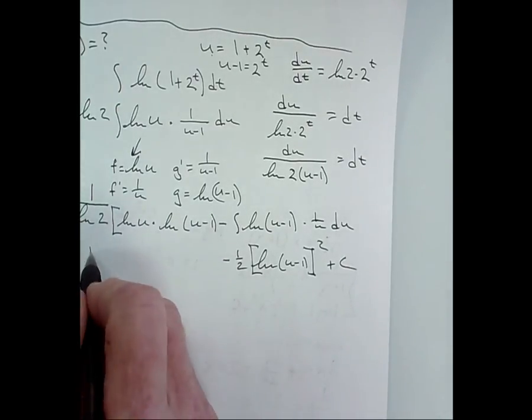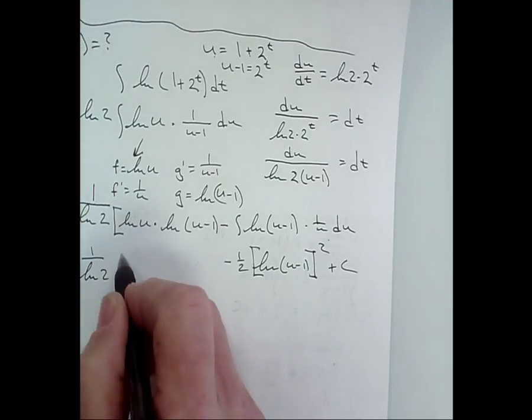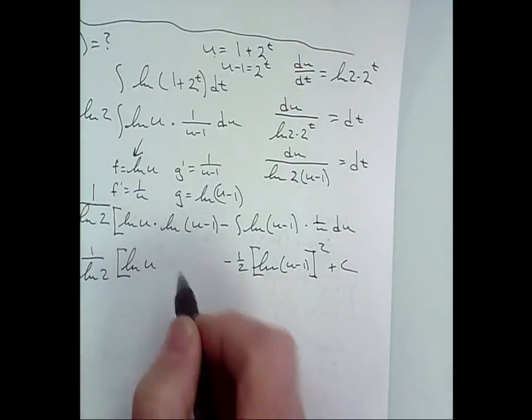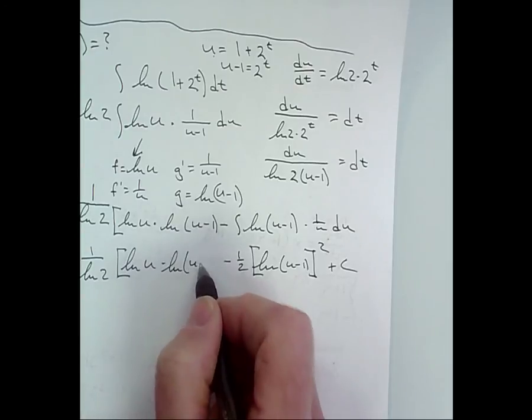And so I have 1 over the ln of 2 times the ln of u times the ln of u minus 1.